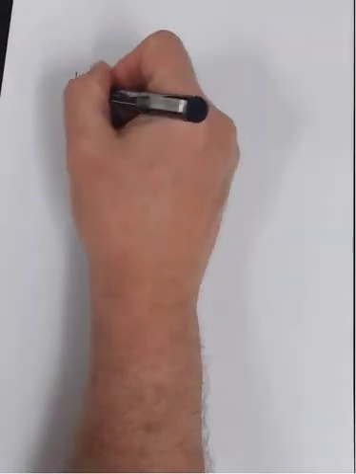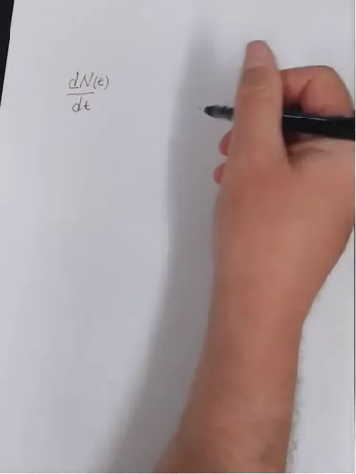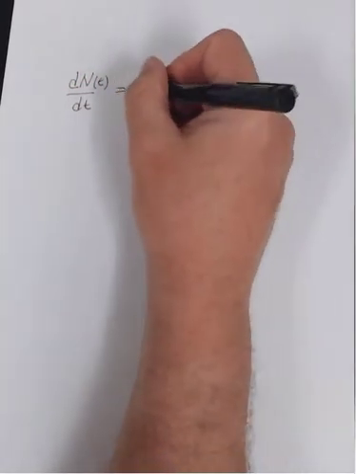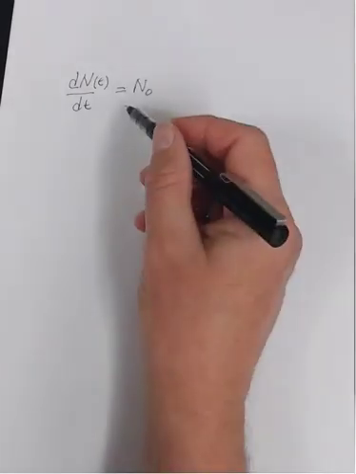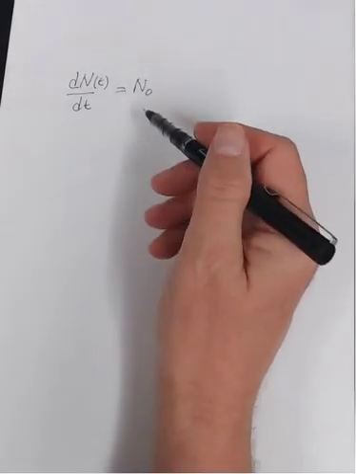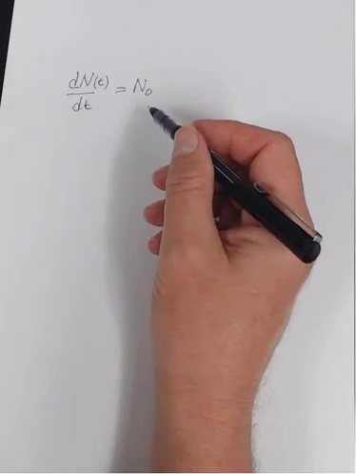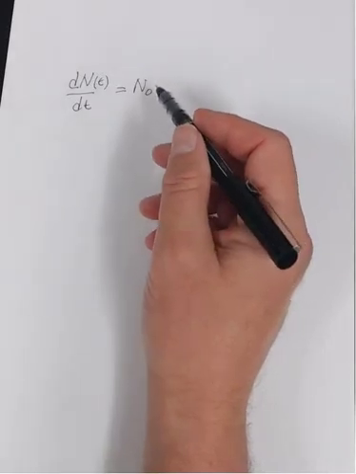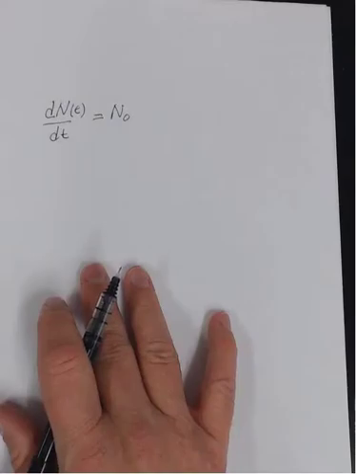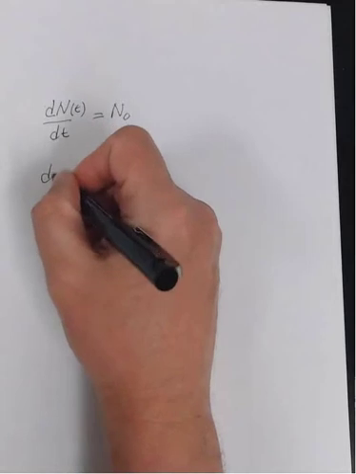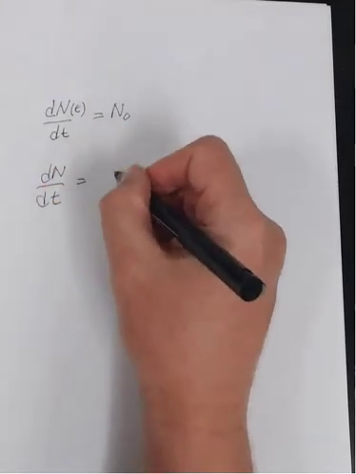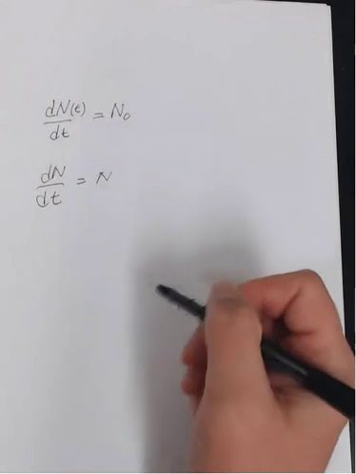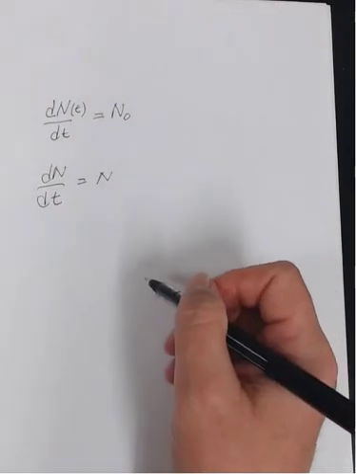The change in the number of particles is going to depend on the number of particles you started with. Whenever you have this kind of relationship, it's going to be an exponential relationship. So even more generally, we can just say that the change in the number of particles you have depends on the number of particles that you have at any time.